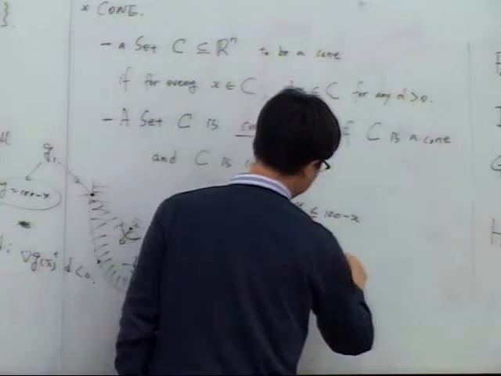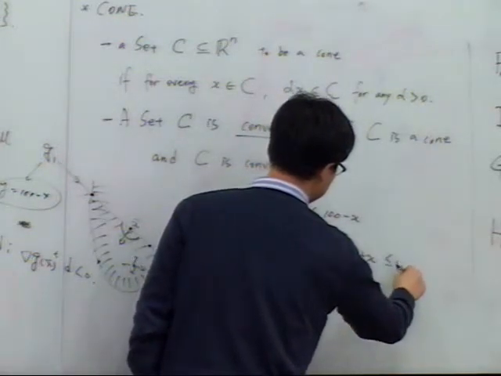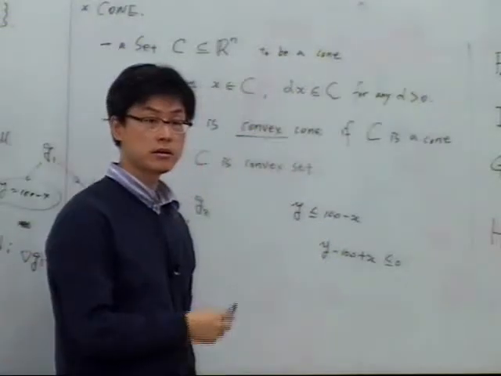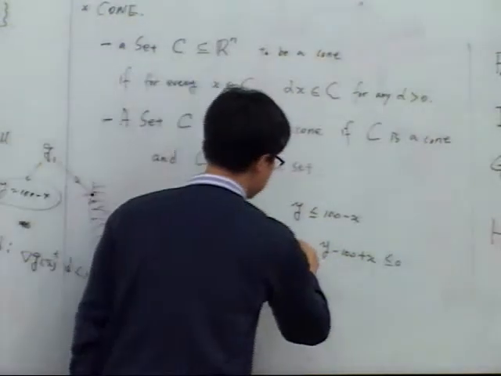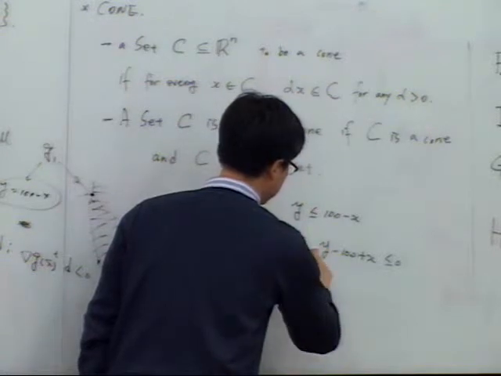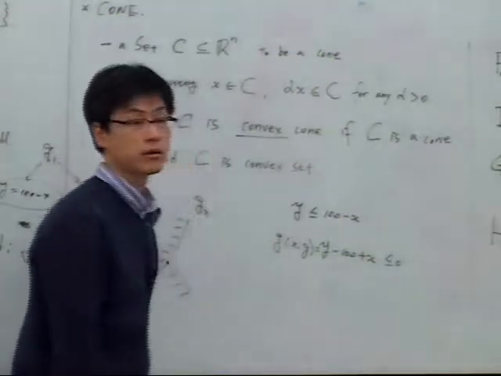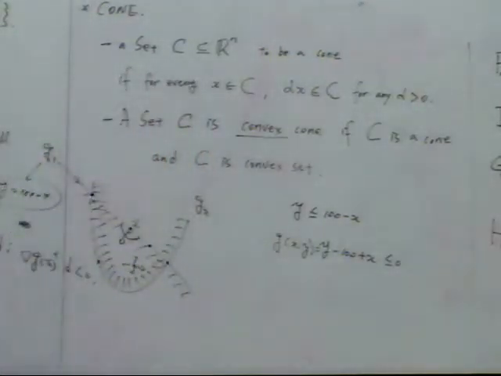So it's y minus 100 plus x, right? And this is your g. Because if you write this form, this small x means actually x comma y, right?